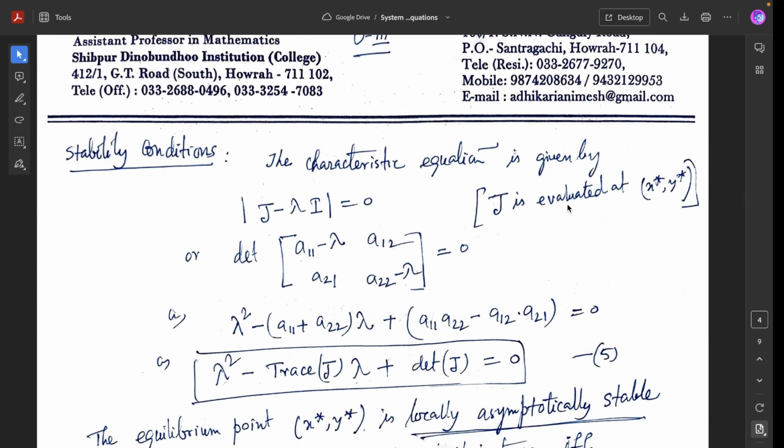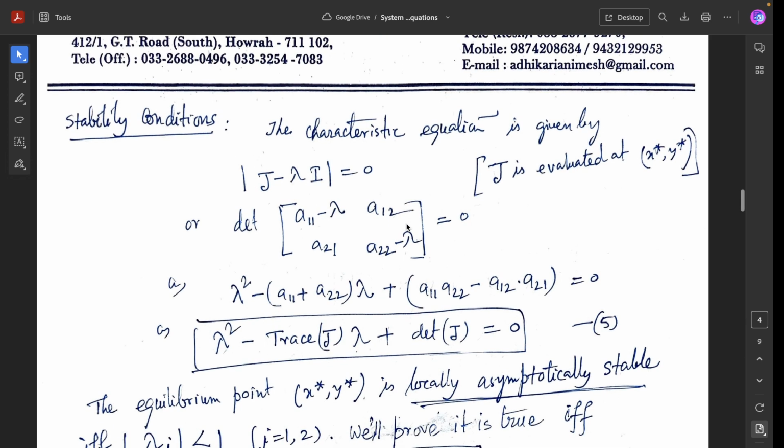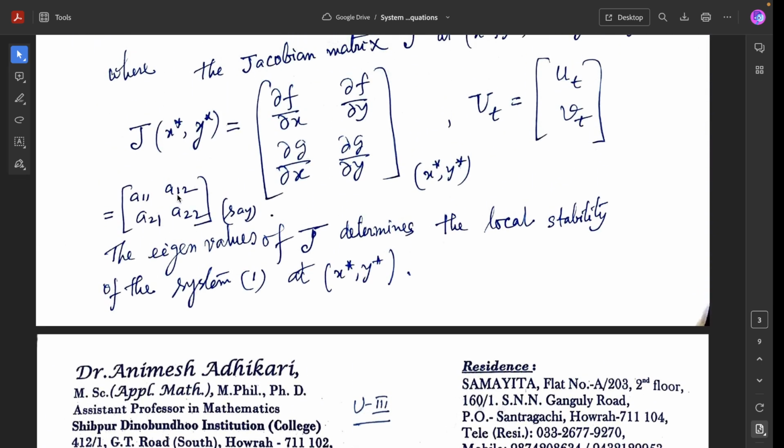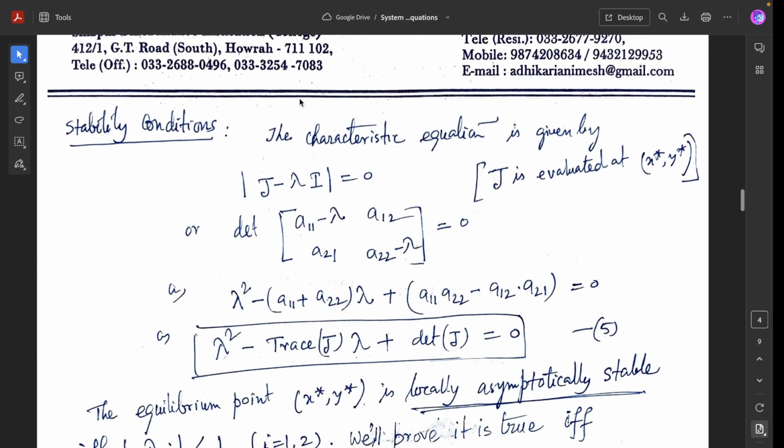The characteristic equation is given by the determinant of J - lambda I equal to 0. So the determinant of A11 - lambda, A12, A21, A22 - lambda, where A11, A12, A21, A22 is this 2 by 2 matrix.